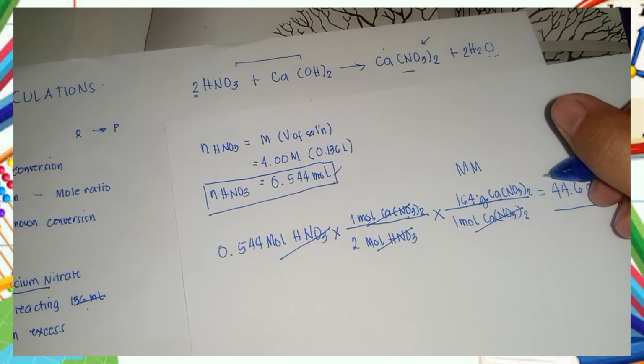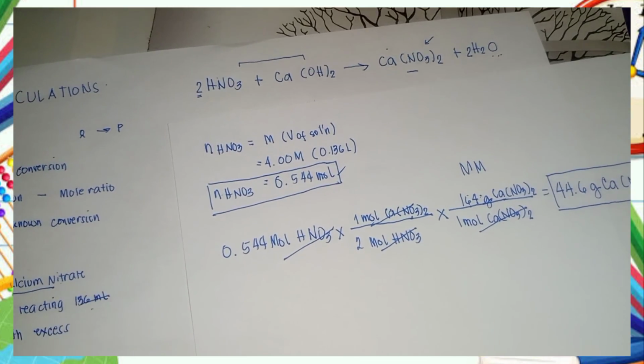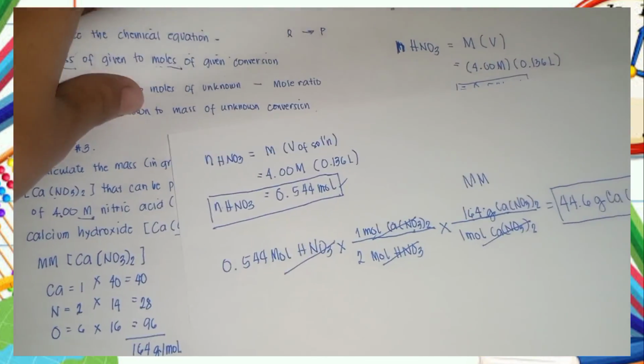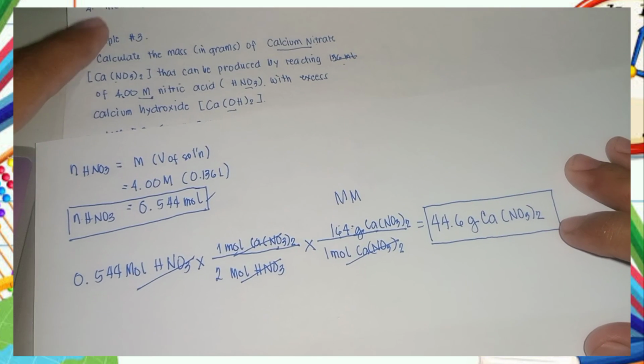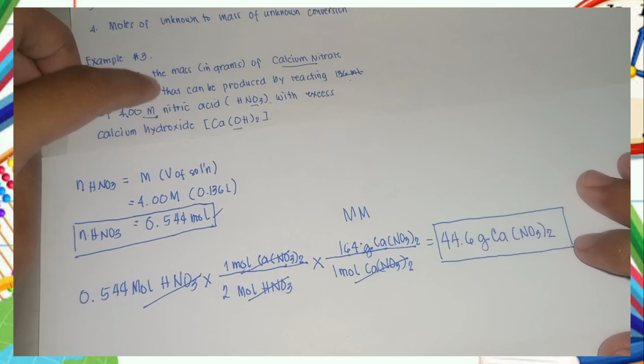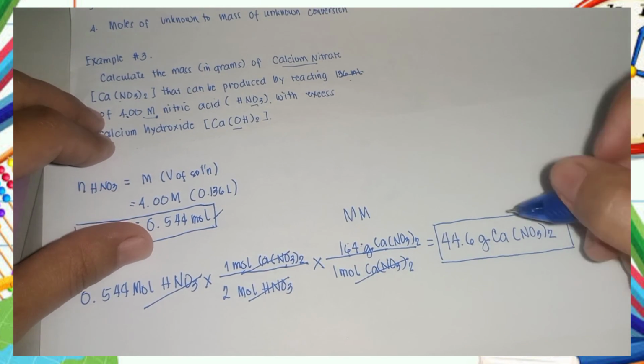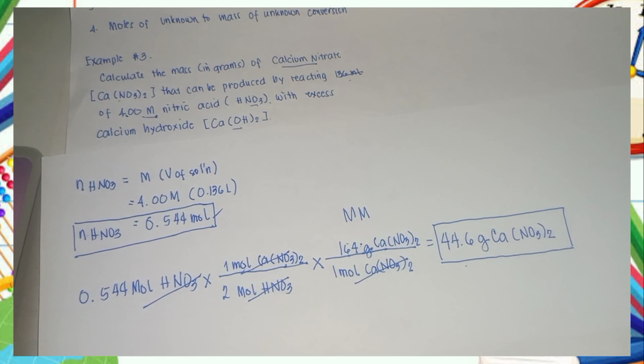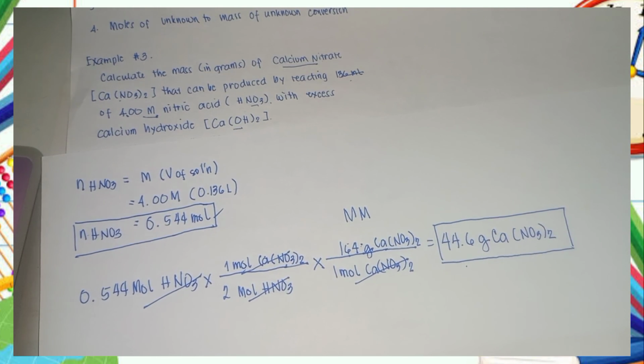So the mass of calcium nitrate that can be produced by the reaction of nitric acid and calcium hydroxide is 44.6 grams of calcium nitrate.